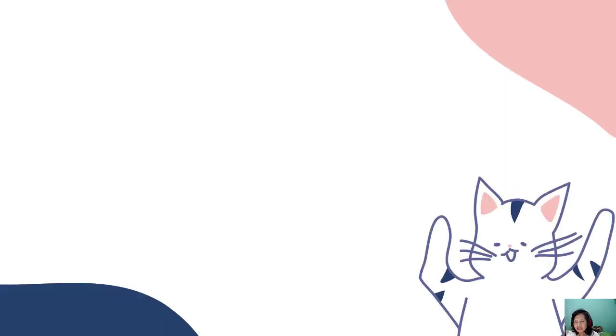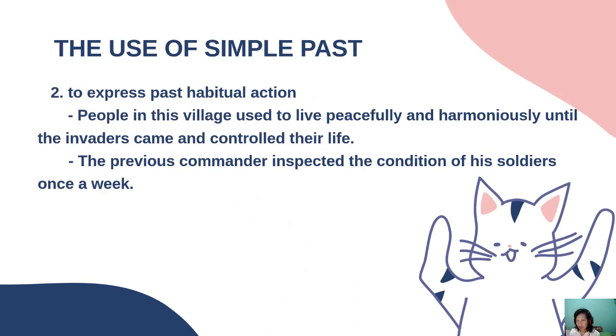Okay, now the second usage is to express past habitual action. Past habitual action means that the habit was in the past. You have learned in simple present that there is also habit, but present habit. It means that the habit is still done until now.